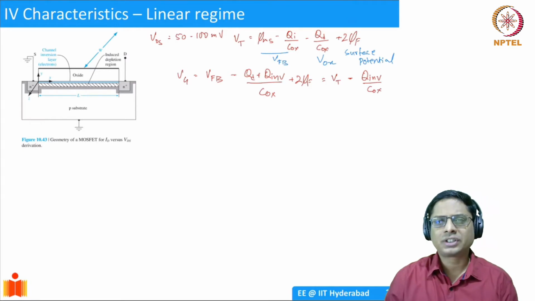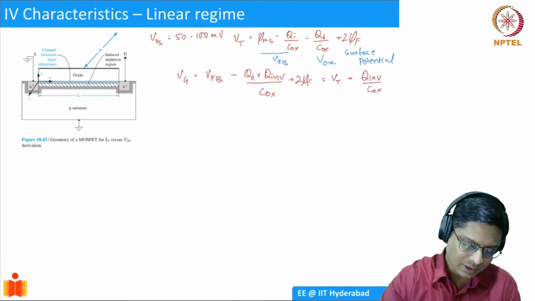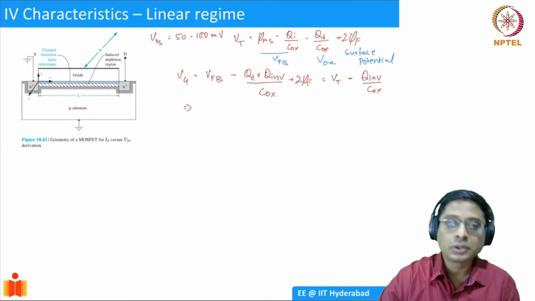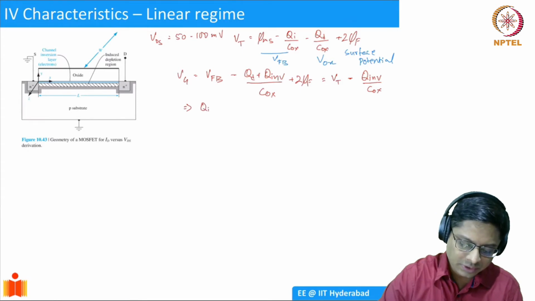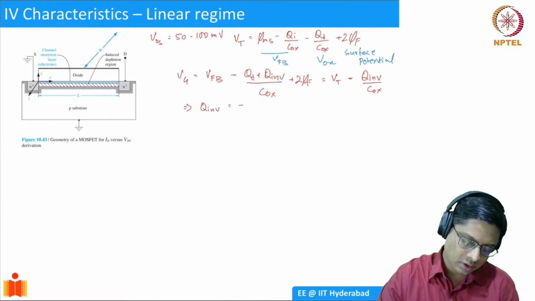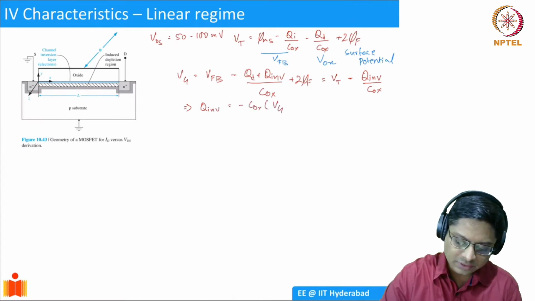Only the Q inversion term I'm adding, so I take it out separately; the rest of it is all VT. Now I can rewrite this to get an expression for Q inversion, the inversion charge density, which is equal to minus Cox into (Vg minus Vt).